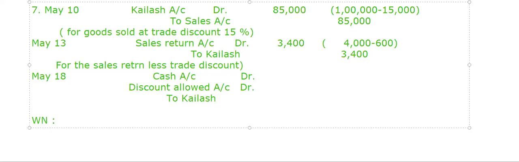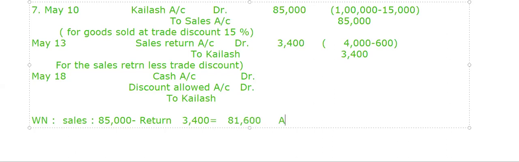Now, if I talk about the working note, net sales are 85,000 minus return, that is 3,400. It means net sales will become 81,600.